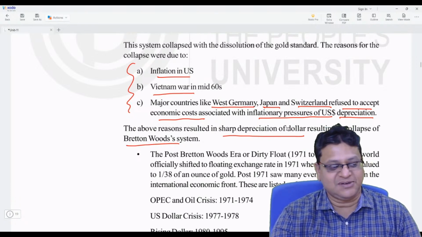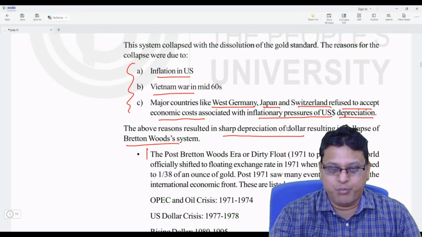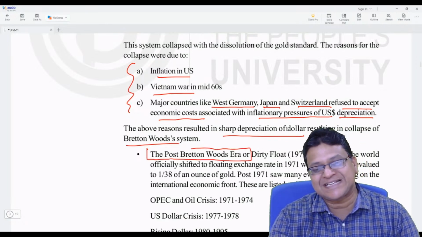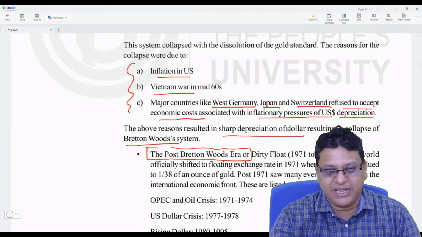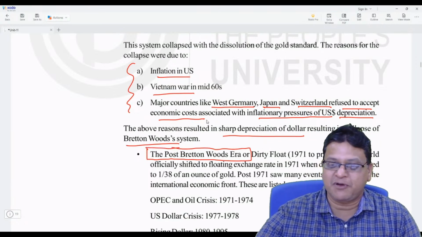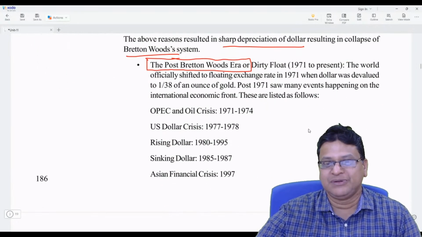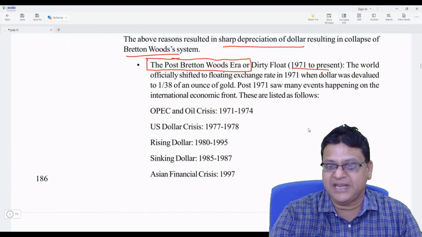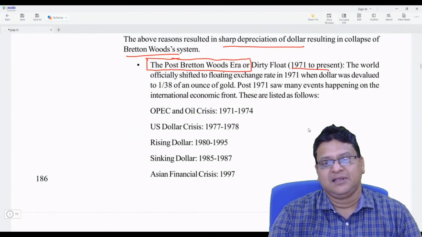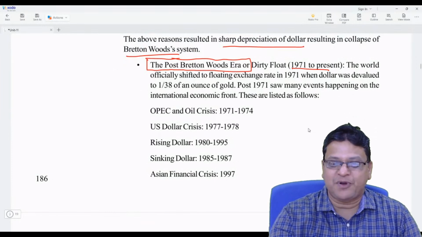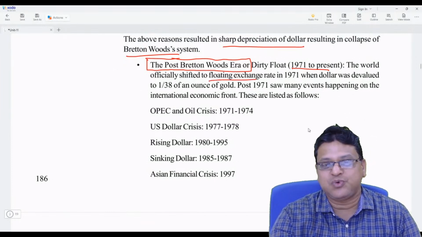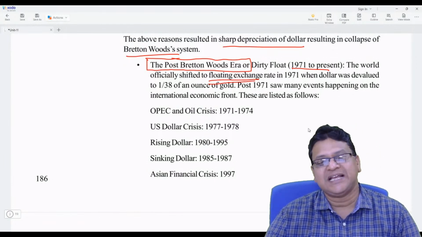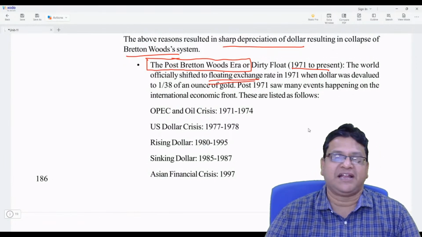Next comes another type of exchange rate, that is the post Bretton Woods era. There is a floating exchange rate. After the Bretton Woods system, from 1971 till date, most of the countries shifted from the fixed exchange rate to the floating exchange rate. Under the floating exchange rate, the exchange rate is decided by market forces.